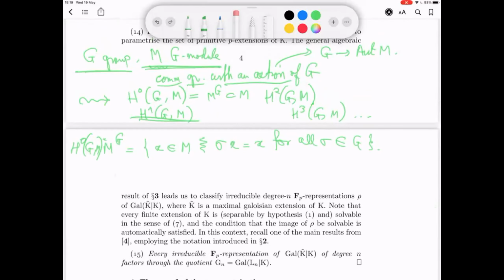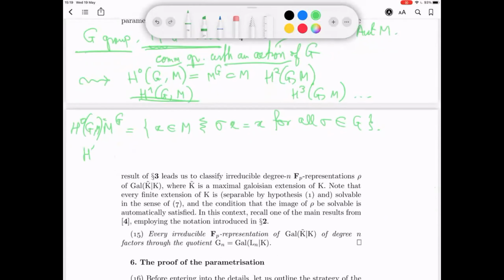Okay, so this is what H0 is. And this H1 is, sometimes it's called 1 cocycles modulo 1 coboundaries. So basically, once you have G and M, right?